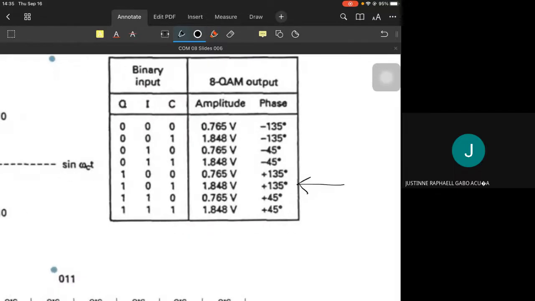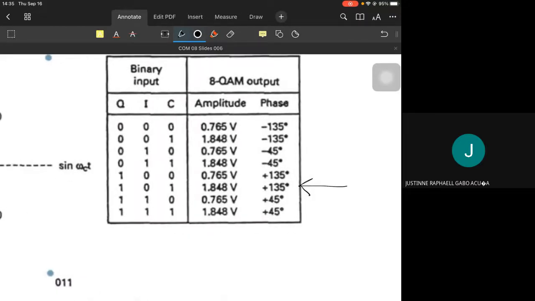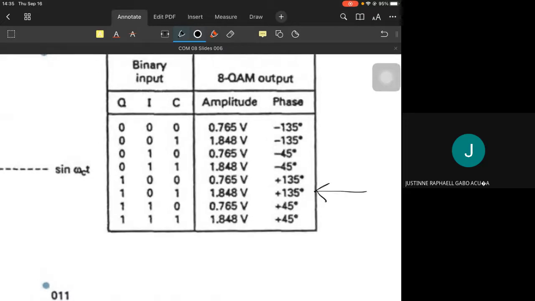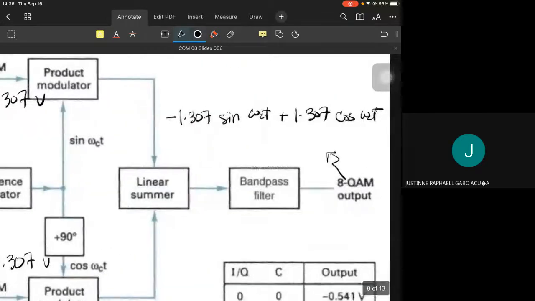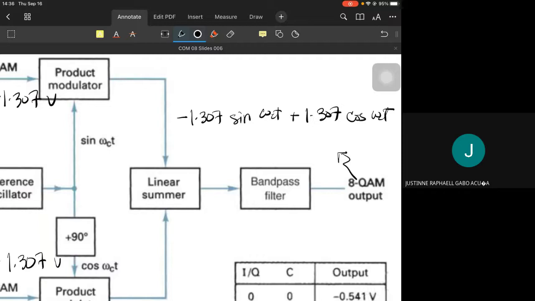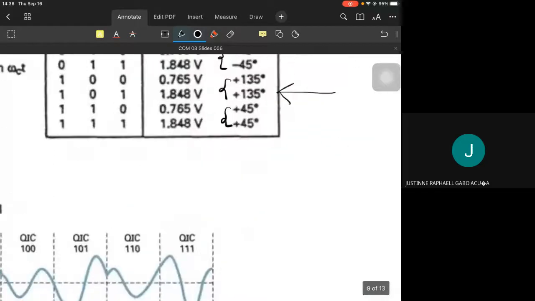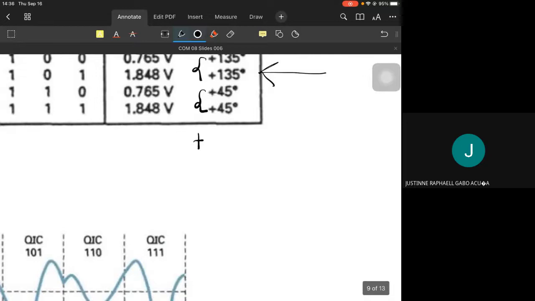So how will we solve the voltage levels and the phases? Observe ang possible amplitudes kay duha ka buok, positive 0.7 and positive 1.8. Ang phases kay upat. 1, 2, 3, and 4. So I think we'll still use the triangle identity with this one. Plus minus 1.307 man yun, no? So, saan positive?